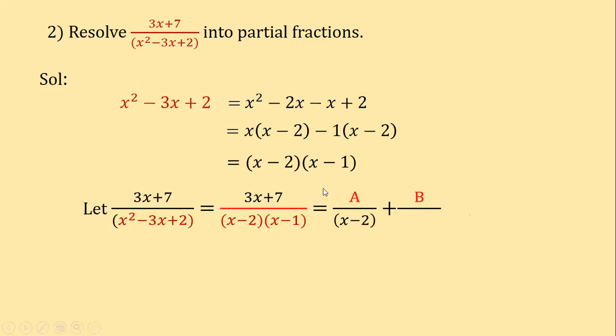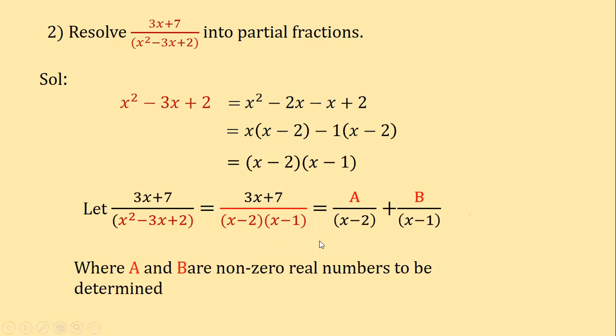For the first factor, I get the first partial fraction, A by x minus 2, plus for the second non-repeated linear factor, I get the second partial fraction, B by x minus 1, where a and b are constants, non-zero real numbers, which are to be determined. Yes. So let us see how to find them.